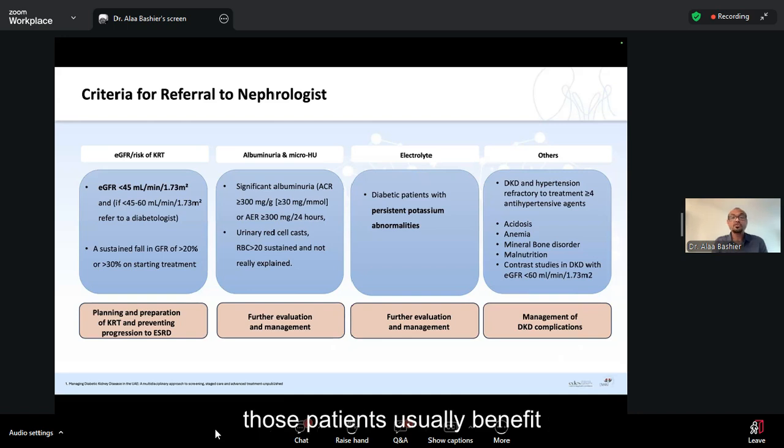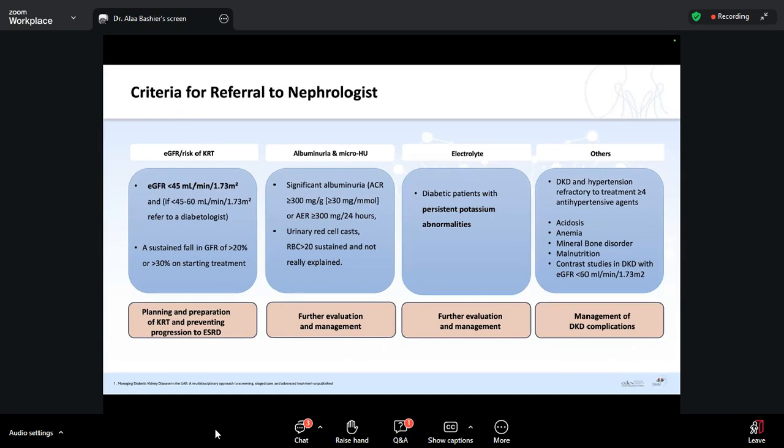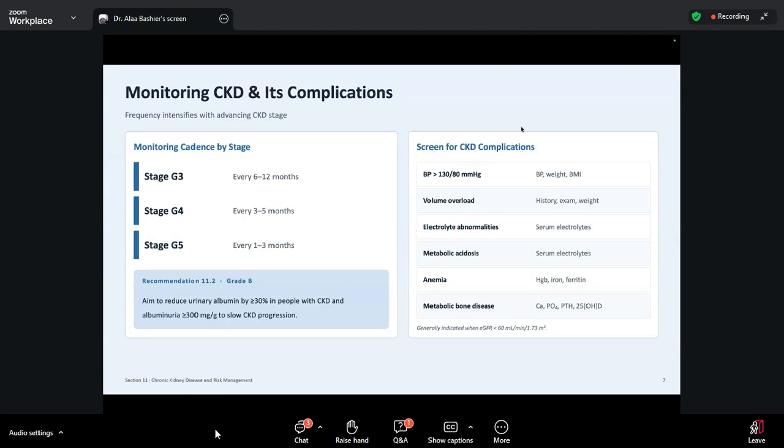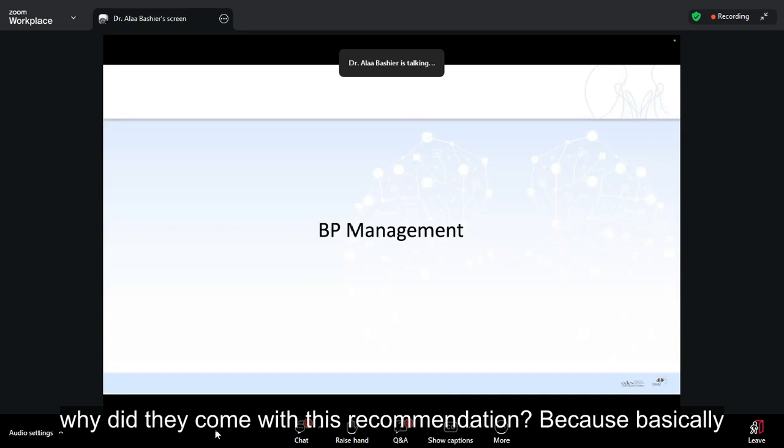Those patients usually benefit from blood pressure reduction more than those with lower levels of eGFR. So why did they come with this recommendation?